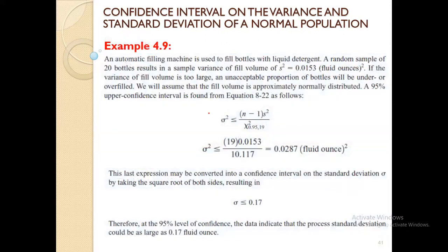You open from the chi square table or you use Excel. I showed you last week how to use Excel to make the chi square table. And then you get the maximum sigma squared should be 0.0287, or sigma is less than 0.17. This is based on 95%.